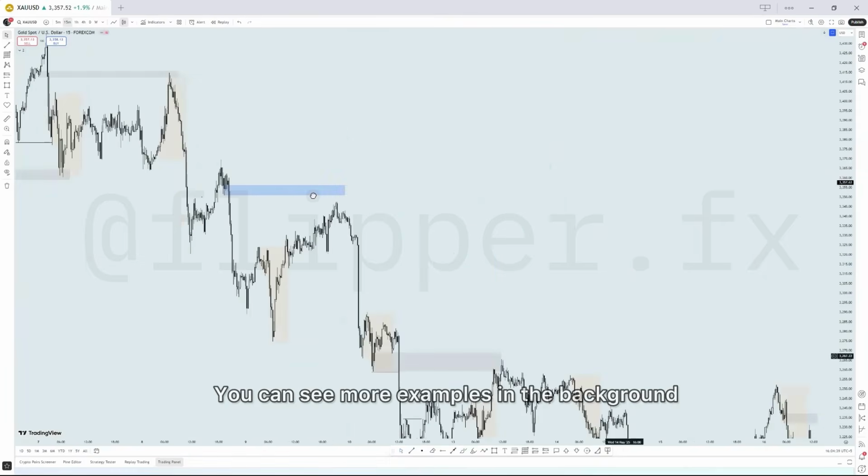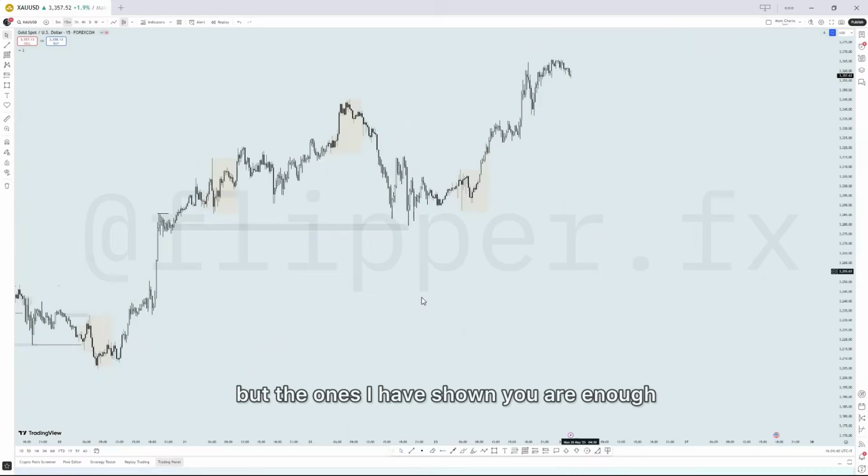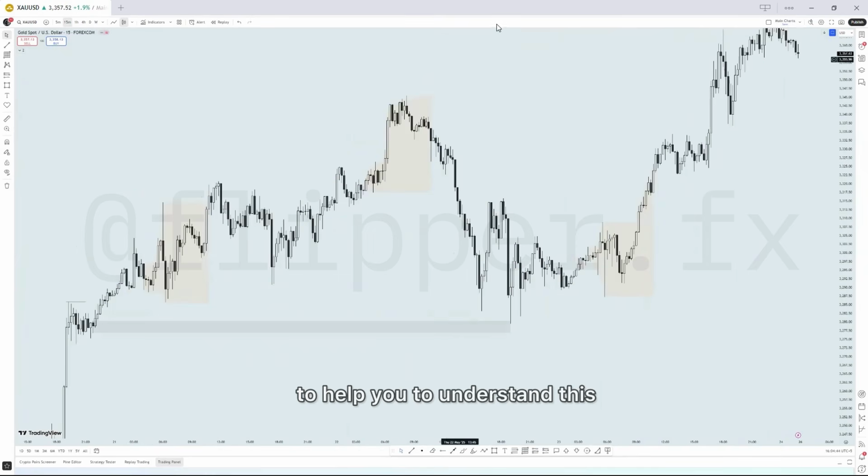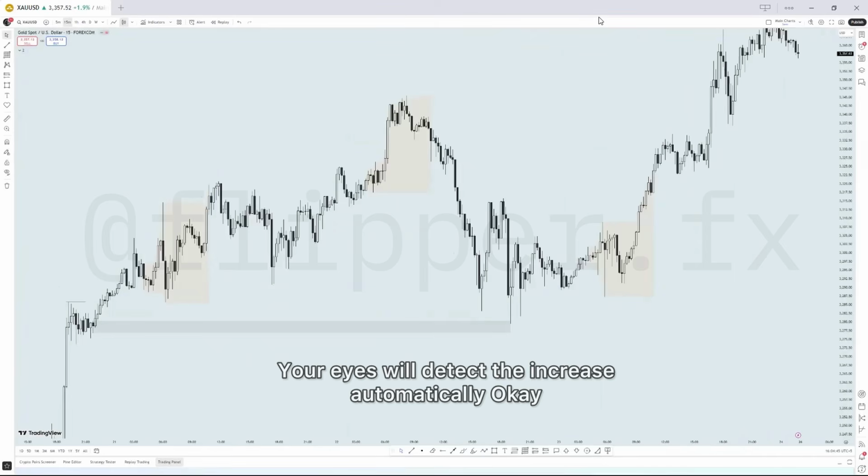You can see more examples in the background, but the ones I have shown you are enough to help you understand this. Once you start practicing your eyes, once you start practicing, you will be able to read this much better. Your eyes will detect the entries automatically.